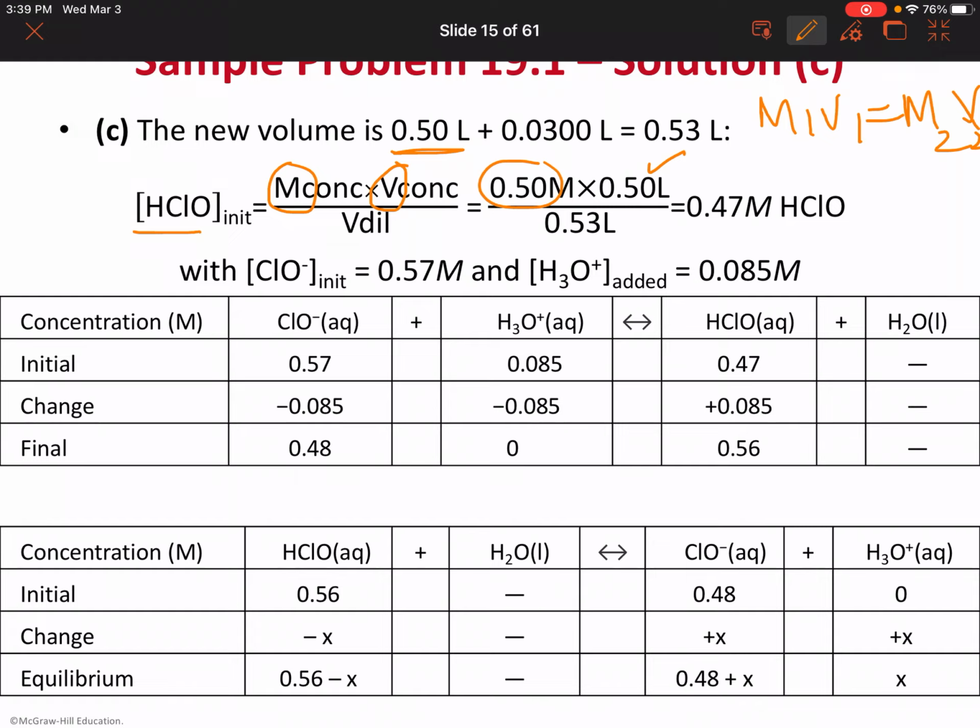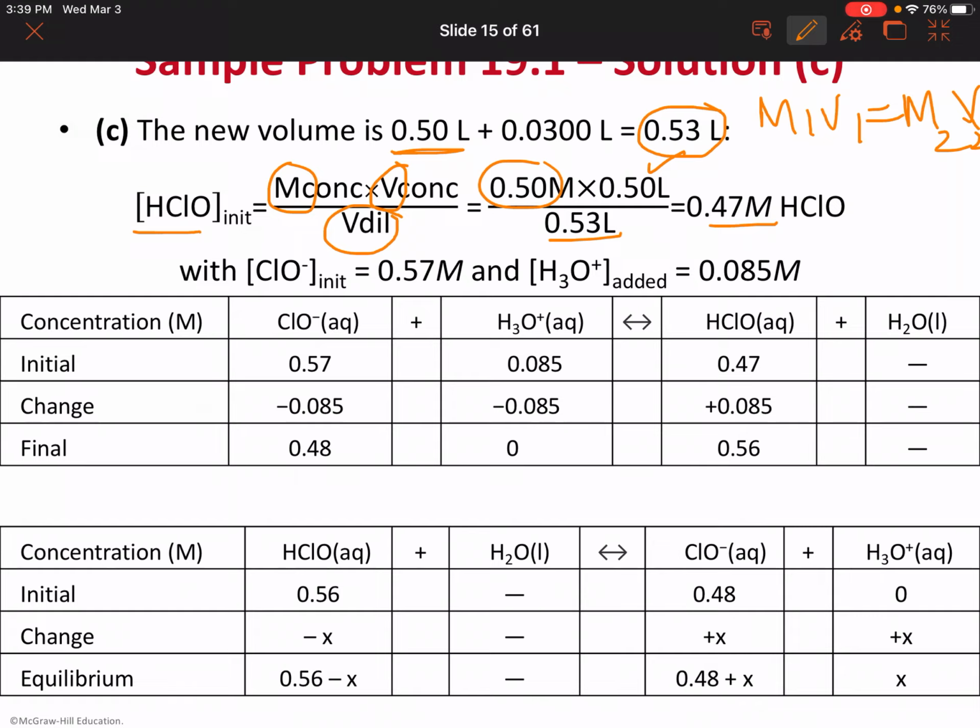Since we are doing a dilution, the diluted volume is 0.53 liters. So you divide by 0.53. That will give you 0.47 molar acid solution.